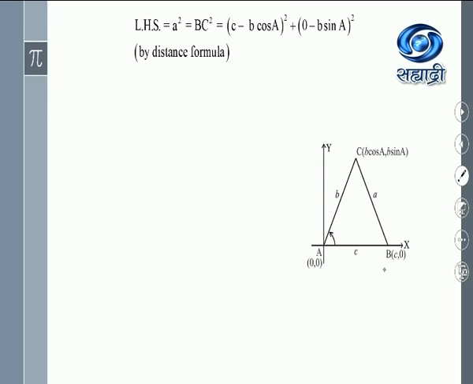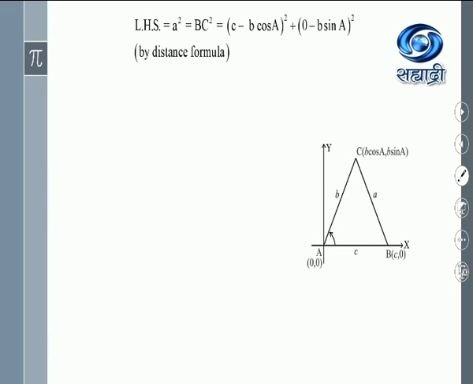But the coordinates of B are (C, 0) and those of capital C are (B cos A, B sin A). So we use the distance formula to find out length BC. What is the distance formula? You know it is the square root of (x1 minus x2) whole square plus (y1 minus y2) whole square, right?